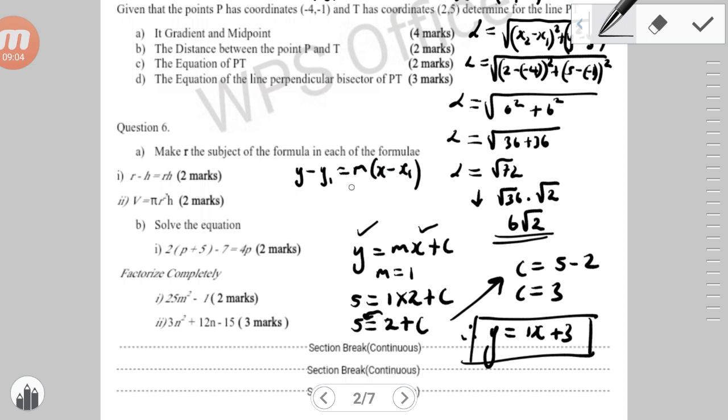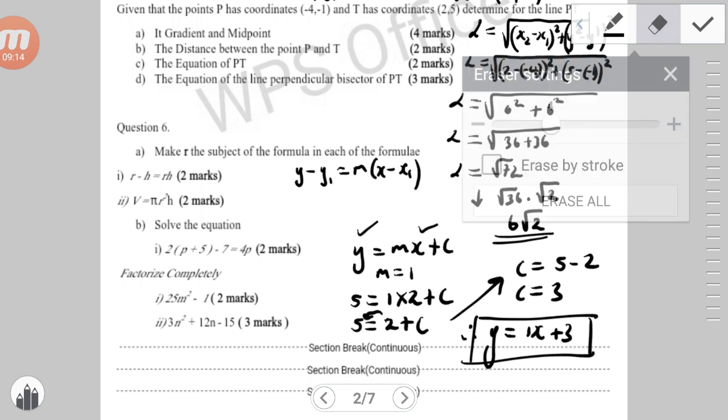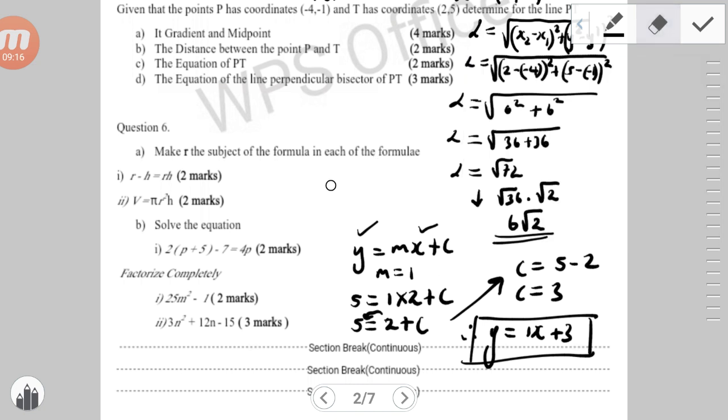C is automatically calculated within this formula. So check that tutorial out on how to use that formula. If not, by all means, use the traditional method of finding c and rewriting it in the form y equals mx plus c.